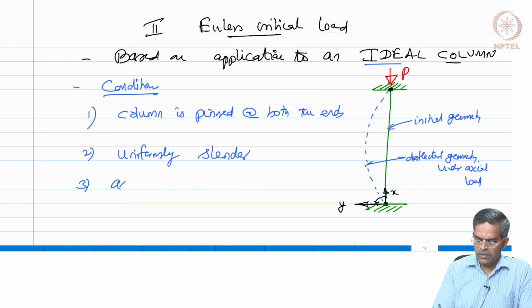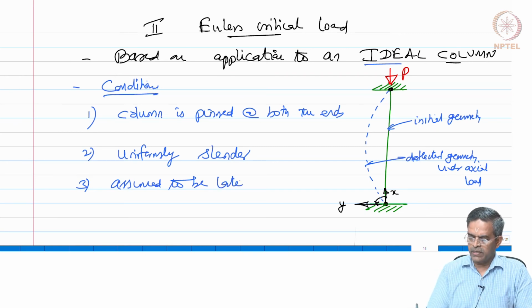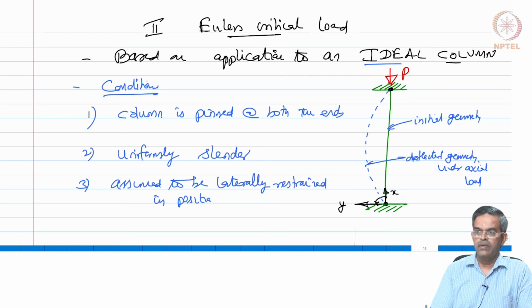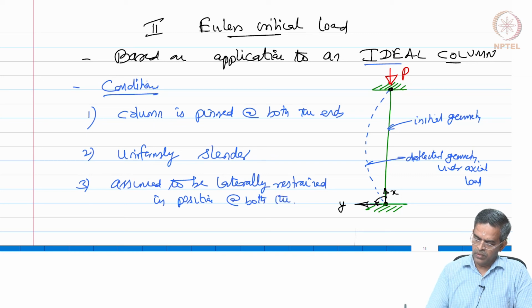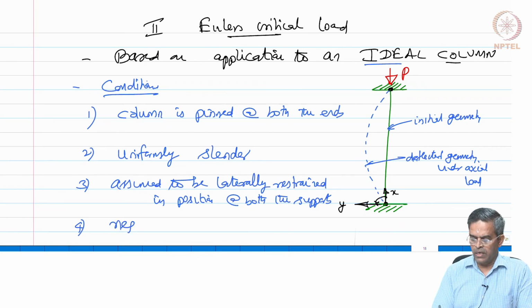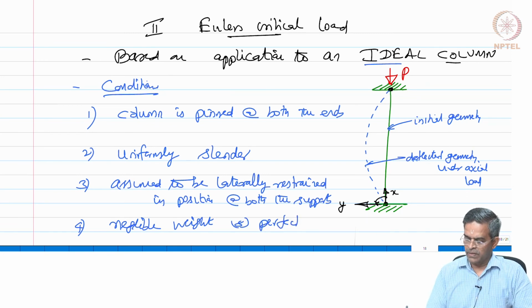Three, the column is assumed to be laterally restrained in position at both the supports. Four, it has a negligible weight. And five, it is perfectly elastic.